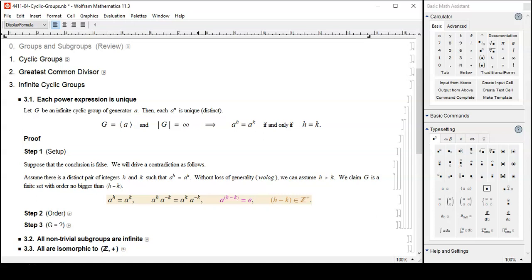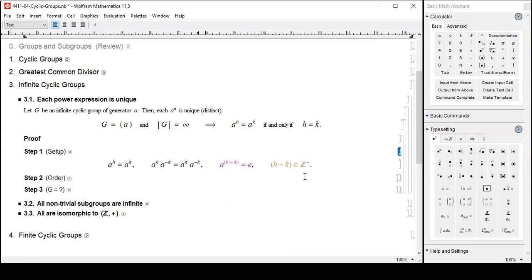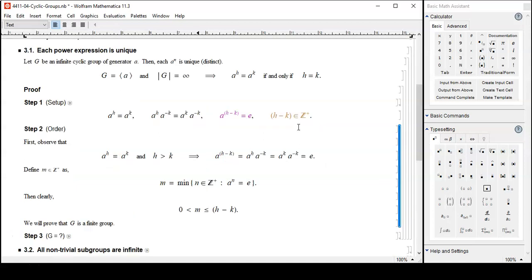Does it help? Well, we'll see. Let's go to step 2. How do we utilize the conclusion of step 1 here? Well, that's the same computation. And then we define m as the minimum of this set, which comes from the set of all positive integers with this property, a to that power is e.